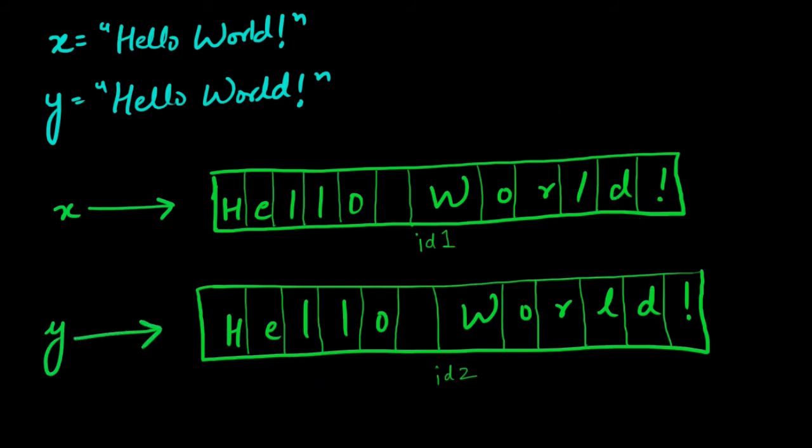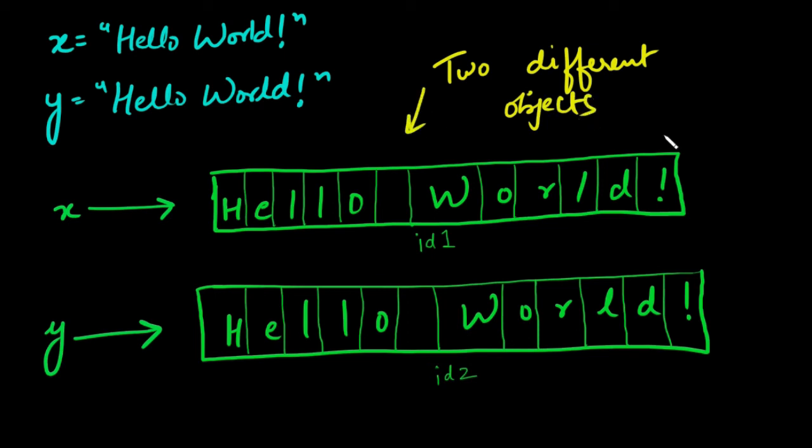So as you can see here, x and y point towards two different objects because strings are immutable. We will learn about strings in later videos, but since x and y point to two different objects, each of the two objects will have its own ID or address in the memory.